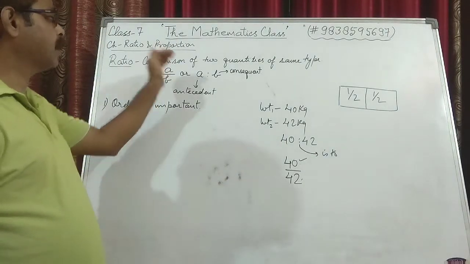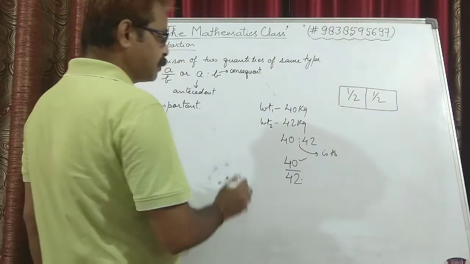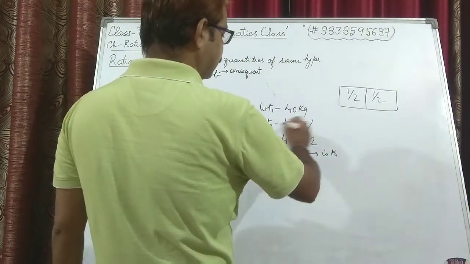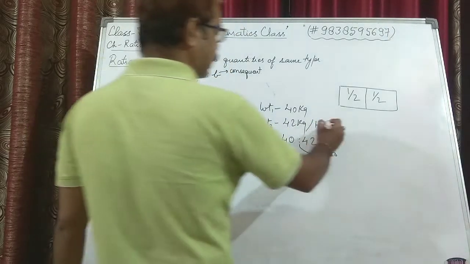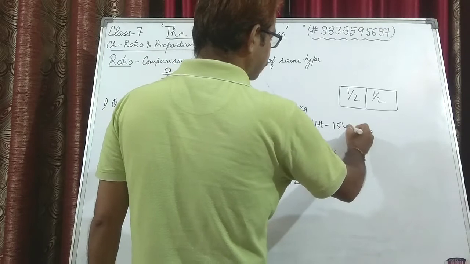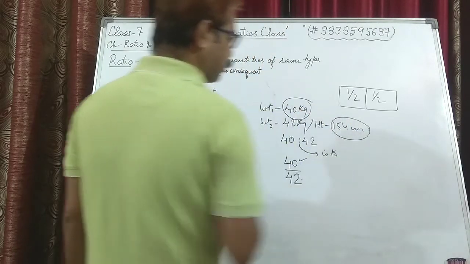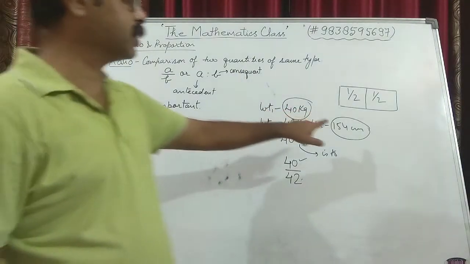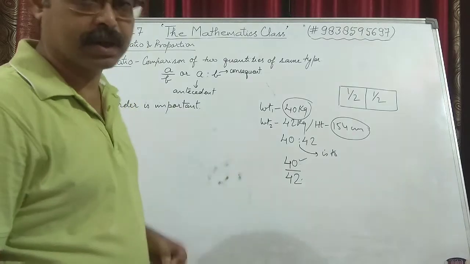So in fact, ratio means comparison of two quantities of the same type. Same type means, suppose I say that the height of the second child is 154 centimeters. We cannot compare centimeter and kilogram, because they are different physical quantities.